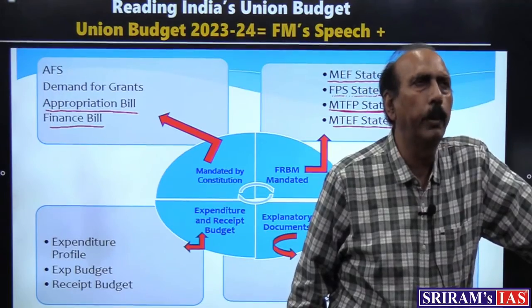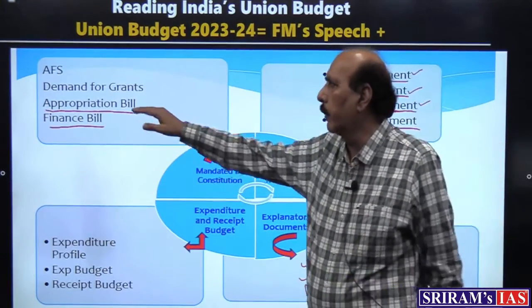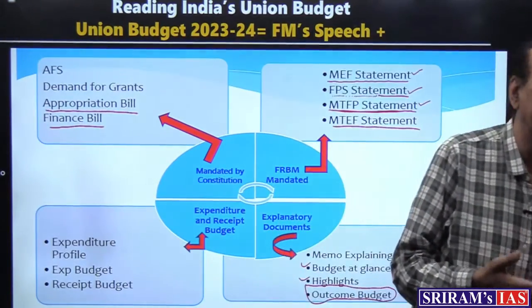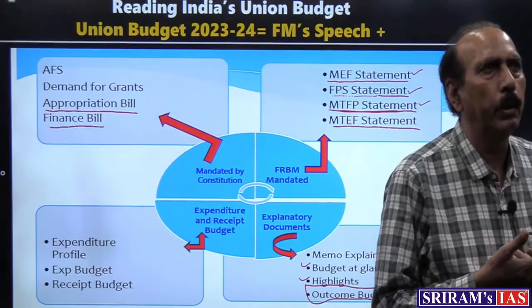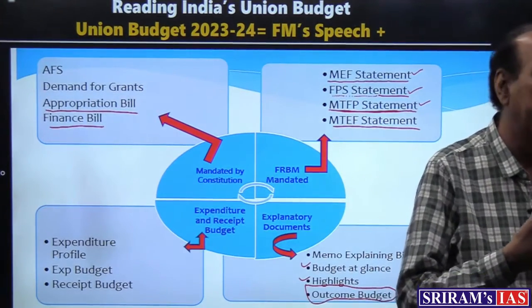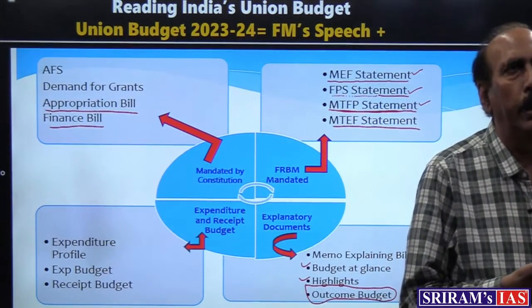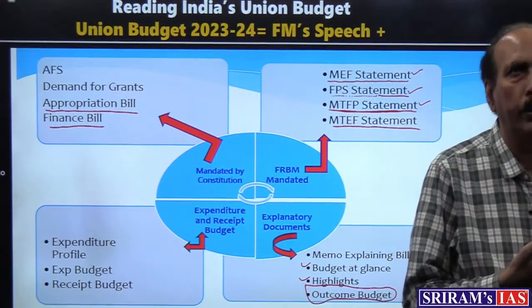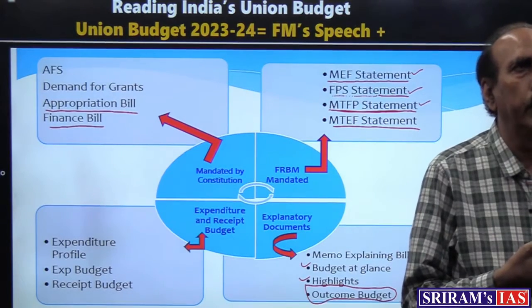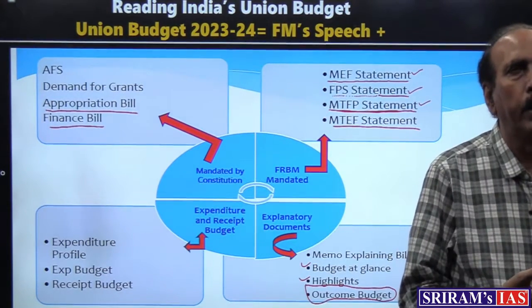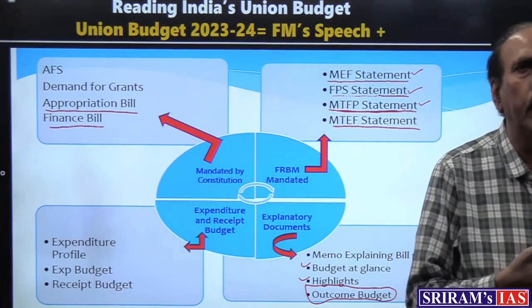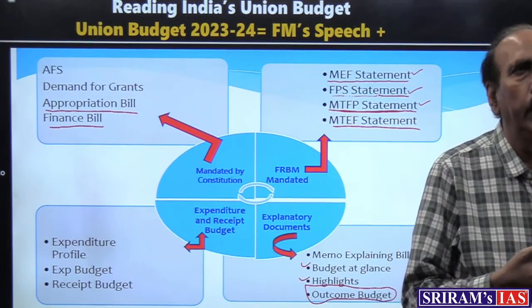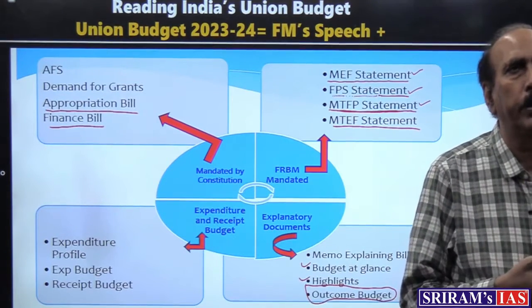Now the question is how the demand for grants has to be approved first. Normally the process is like this. The budget is presented in the parliament and a short initial discussion is held on the budget. Thereafter the parliament goes on recess. Recess means no parliament session is held, but during the recess period, maybe 2 or 3 weeks, the standing committees start functioning.